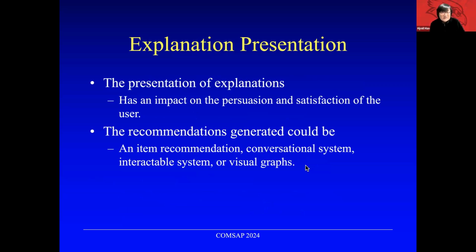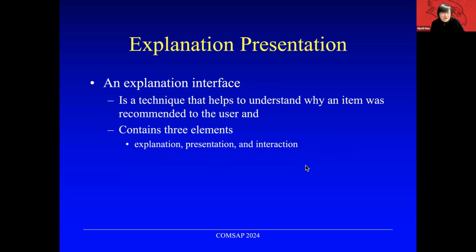When we present an explanation to the users, the presentation will have an impact on the user's persuasion and satisfaction, so the explanation presentation is important. The recommendation can be an item, a conversational system, an interactive system, or a visual graph.